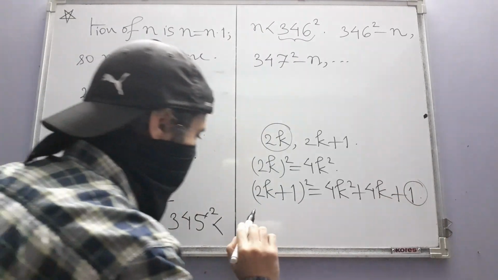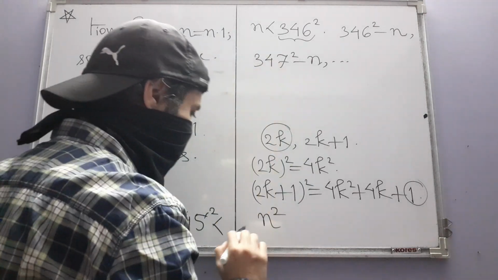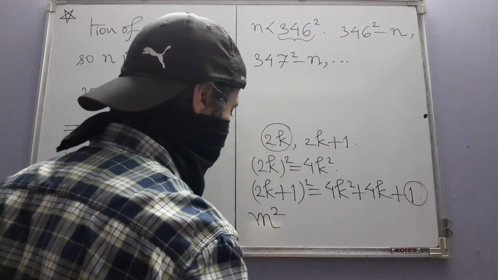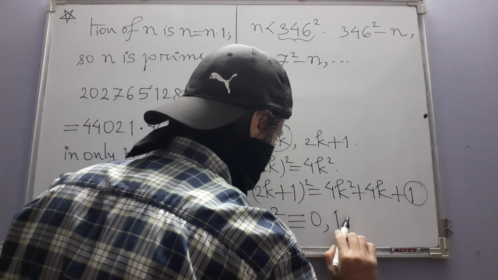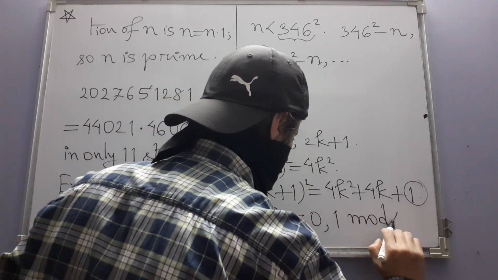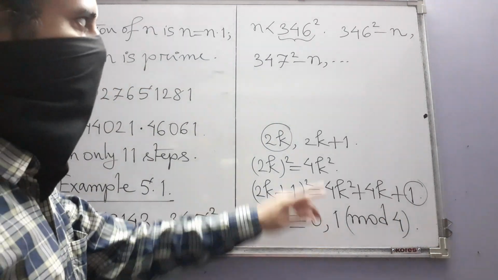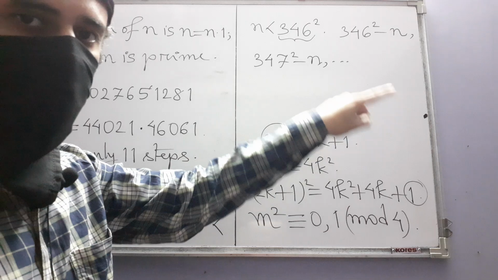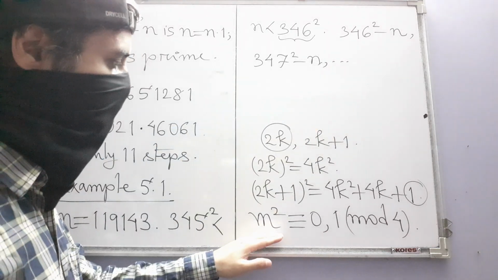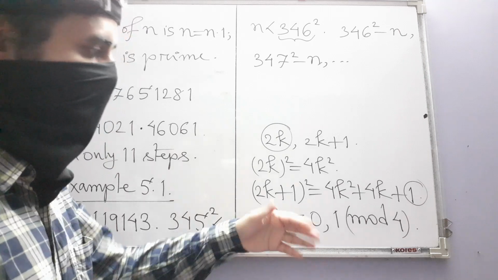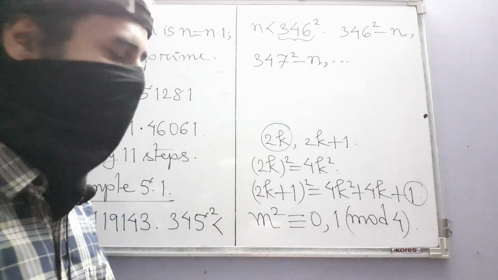In other words, the square of any number, let me call it n, is congruent to either 0 or 1 modulo 4. You may use this fact to rule out many numbers that appear as differences. You can just see what their remainders are when divided by 4.